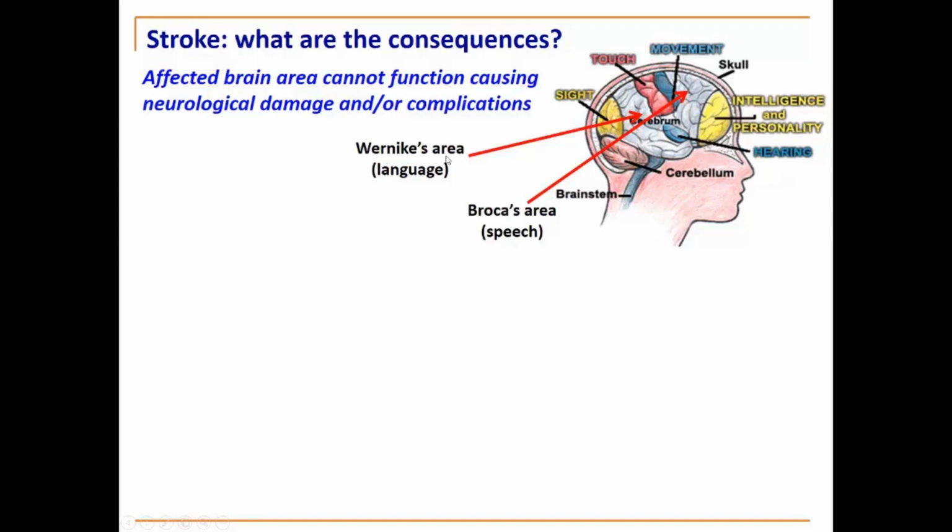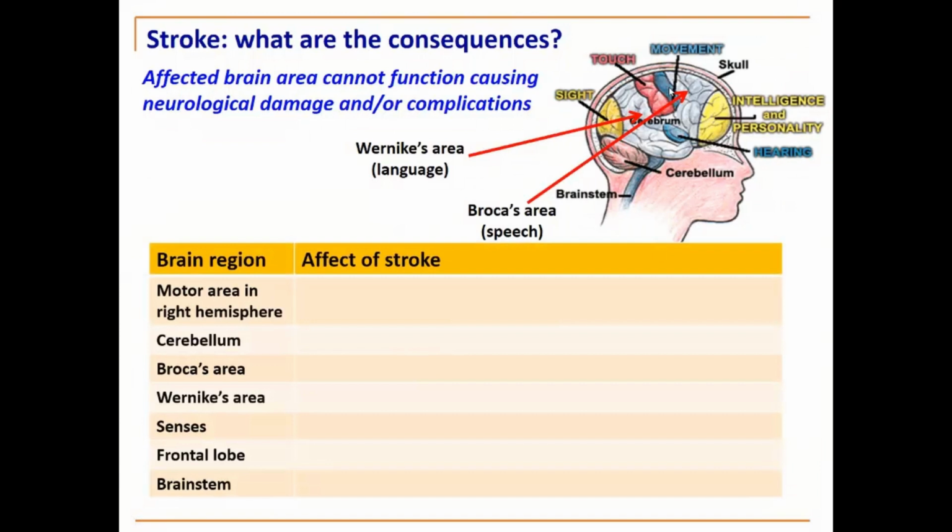Remembering, of course, that to understand language, you have 3 different things. You have vision, you have sound, so hearing, that's how you understand language, but also touch, which is up in this section. And Wernicke's area integrates all of those 3 senses together. So sight sends information to Wernicke's, touch sends it to Wernicke's, and hearing sends it to Wernicke's. And Wernicke's brings that all together to understand language.